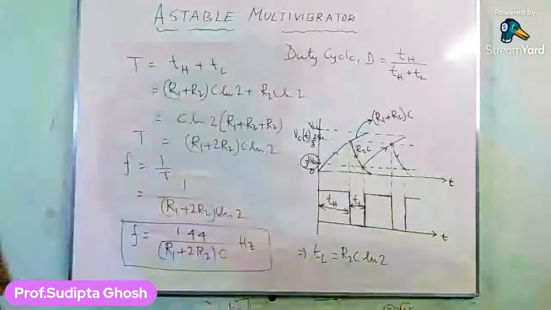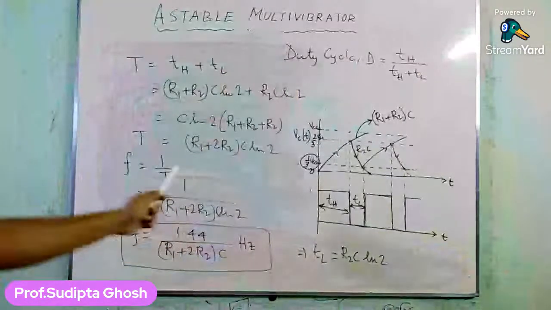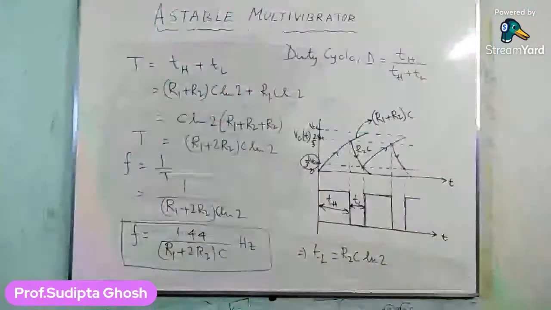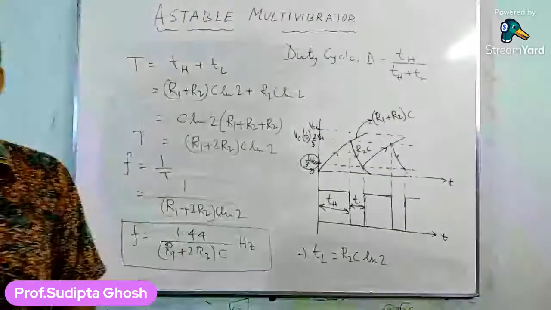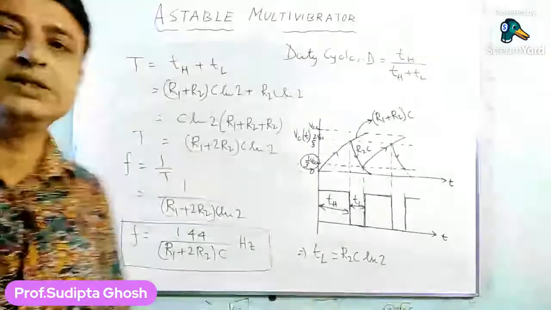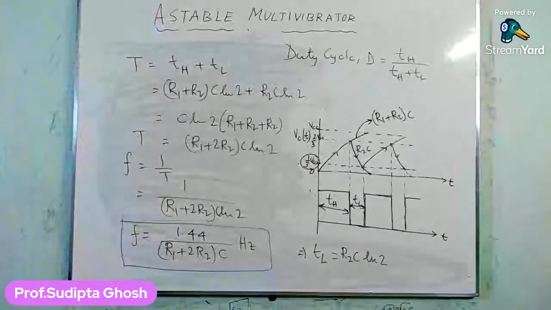Just put in the values of TH and TL calculated in this lecture and you will find the duty cycle of an astable multivibrator.